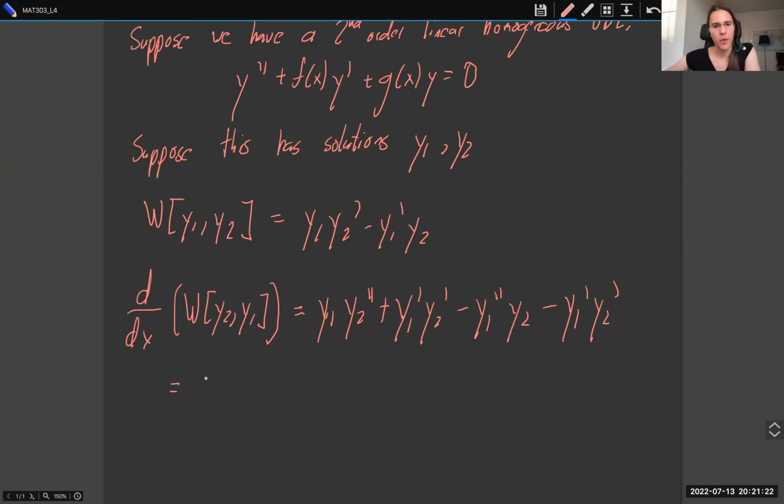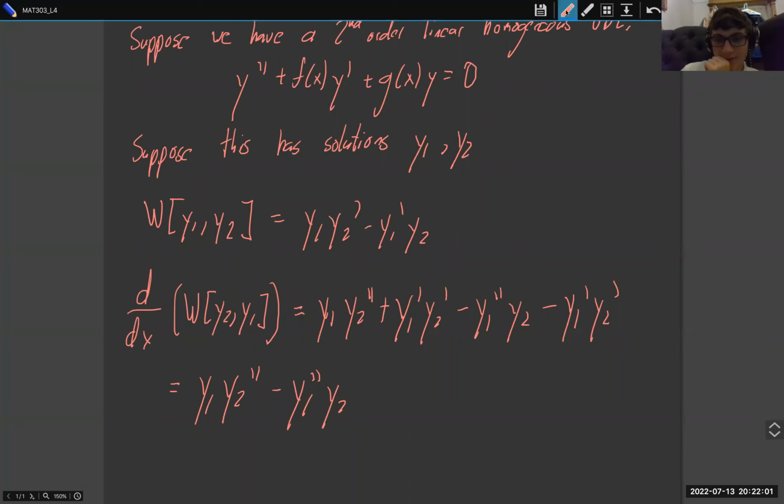So I get y1, y2 double prime minus y1 double prime, y2. Sorry, now the double prime is on the y1 rather. Now, however, we know something about y1 and y2. What do we know about y1 and y2? That they're both solutions.